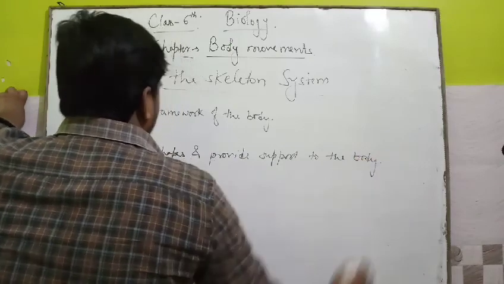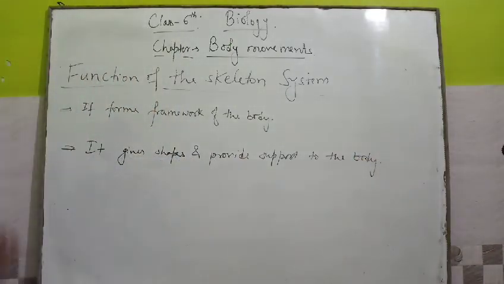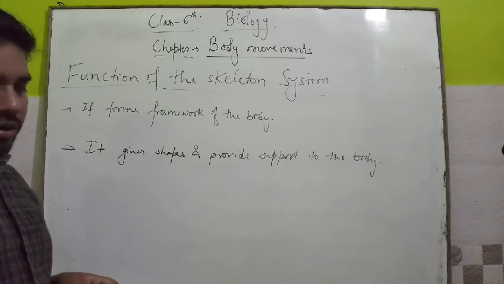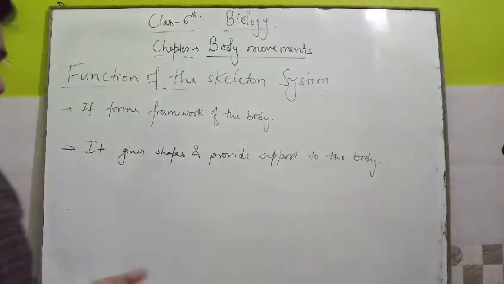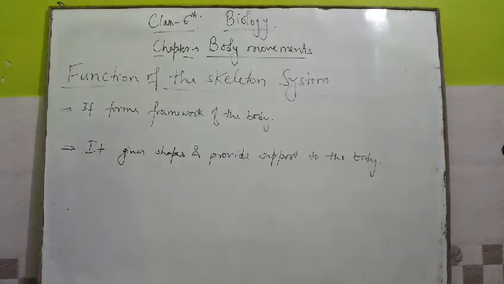Clear? Now next, with the help of muscles, it helps in movement of various parts of our body. Okay? For example, any movement of our arms or legs is supported by the muscles in these body parts. Okay? Means any movement is supported by what? Muscles of that part of the body. Clear? Okay.